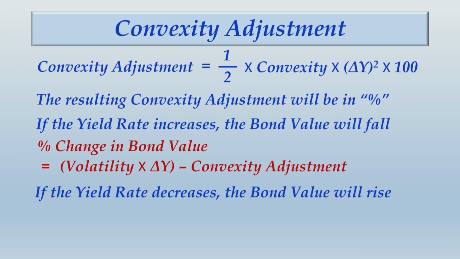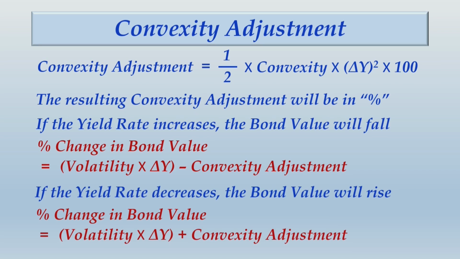If the yield rate decreases, the bond value will rise. So percentage change in the bond value will be volatility into delta y plus convexity adjustment. Now you understand one thing, you are adding convexity adjustment over here and subtracting convexity adjustment from here, because here the bond value tends to fall and here the bond value tends to rise.